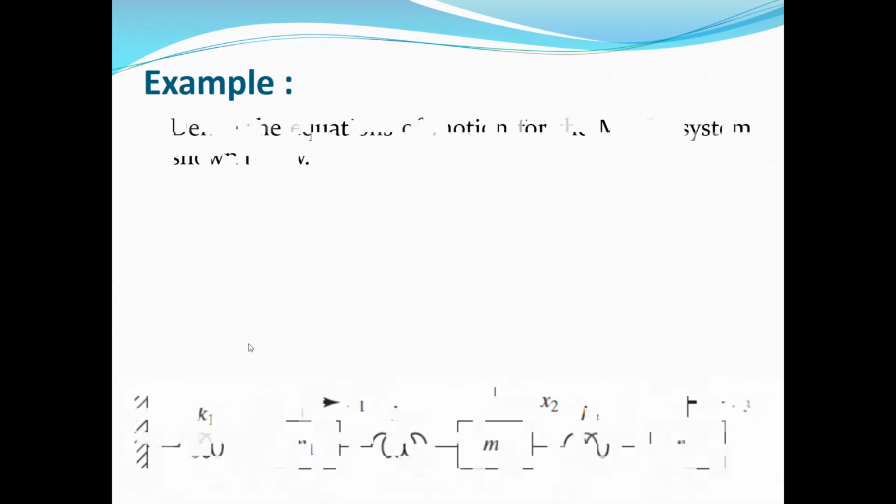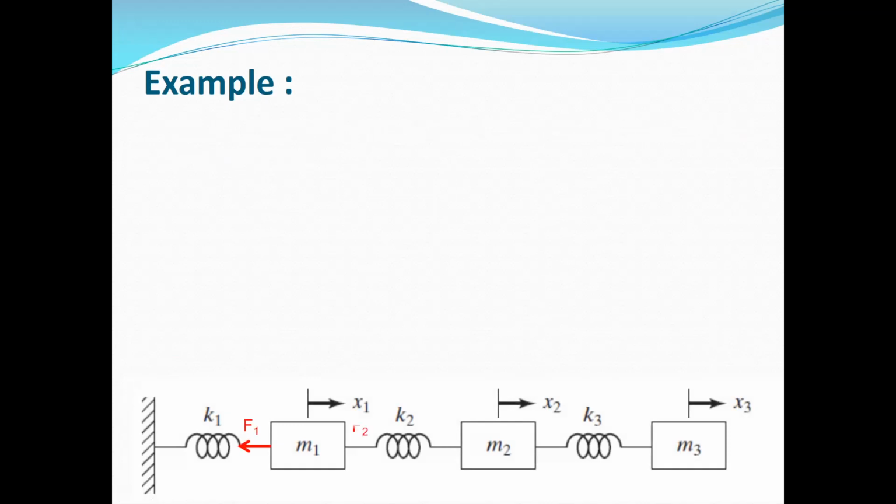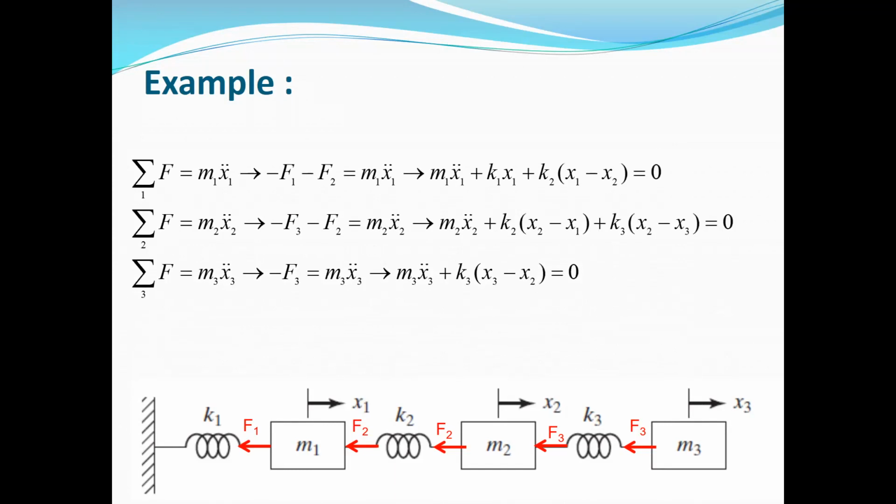So now we can plot the free body diagram, and we can write Newton's second law for each mass, and we must extract 3 equations, one for each mass. As you can see, for the first mass, the summation of the forces must be equal to m1 x1 double dot. This is from the free body diagram of the first mass.